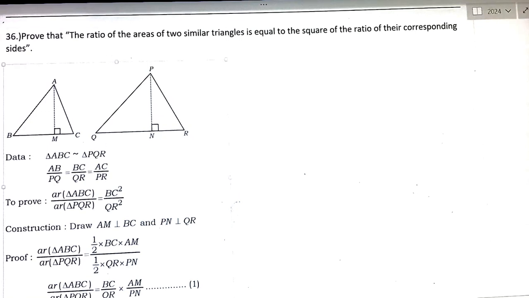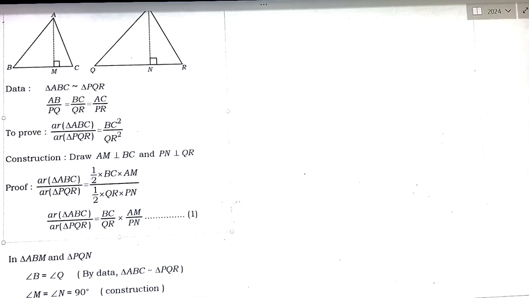Okay, so when we simplify this further, we take the triangle ABM and in the second one we take triangle PQN. So here angle B is equal to angle Q. Angle M and angle N are 90 degrees. So the sides are also proportional: AB by PQ is equal to AM by PN.